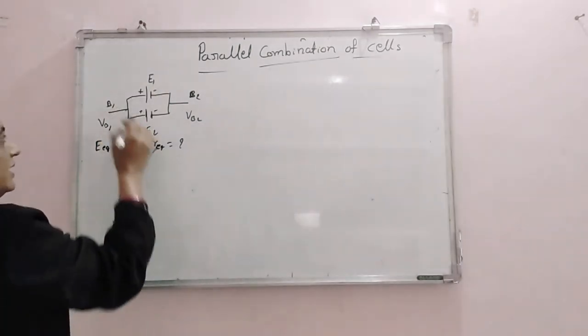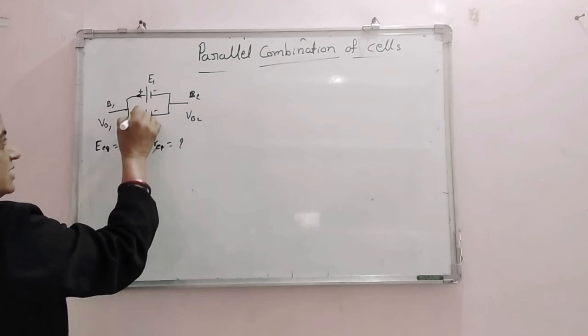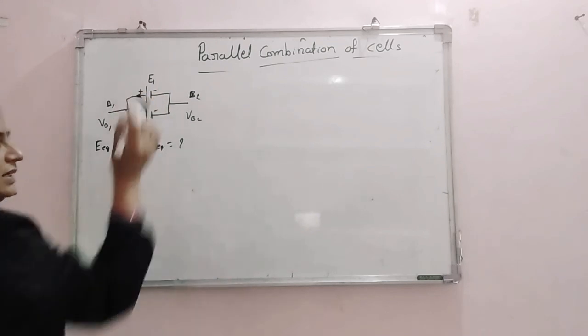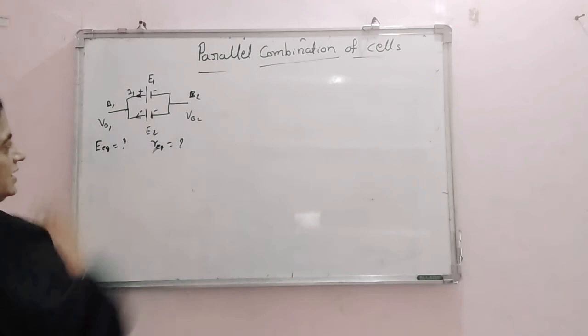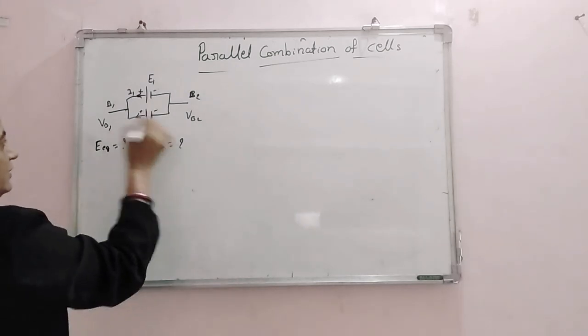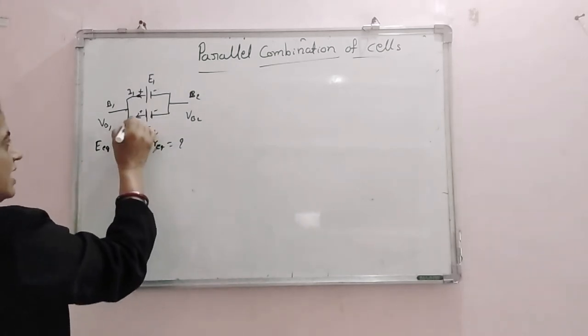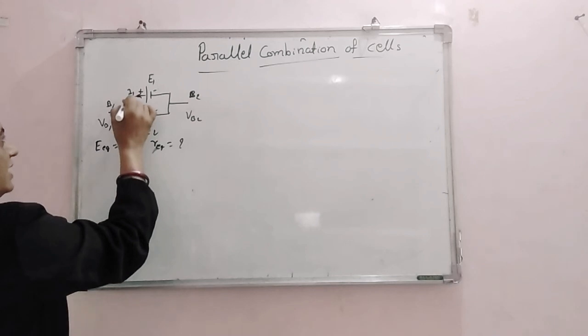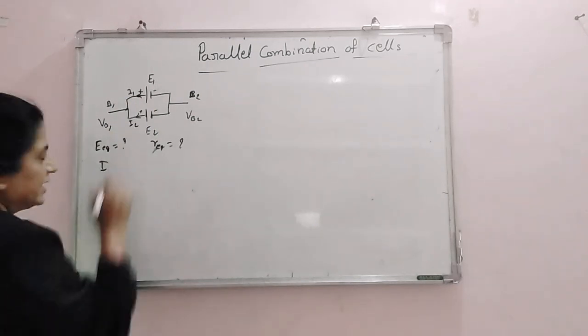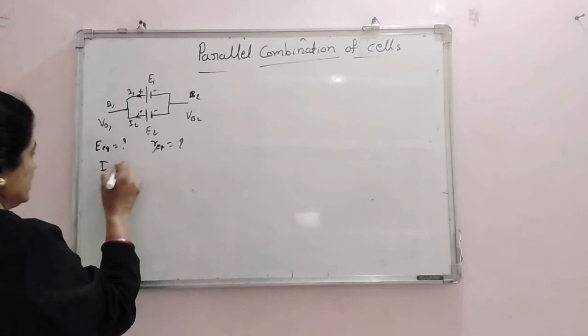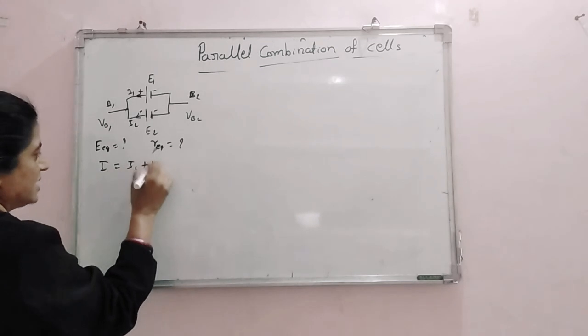Current always flows from positive to negative. The current due to the cell E1 is I1, and the current due to the cell E2 is I2. Both currents are added here. So I, the net current due to this combination, is equal to I1 plus I2.